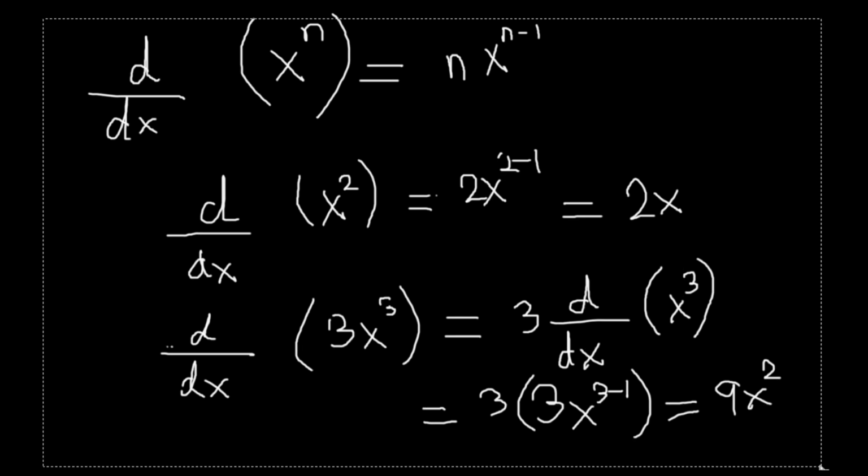We can look at some more examples. Let's say d over dx of negative 4x to the power 5.